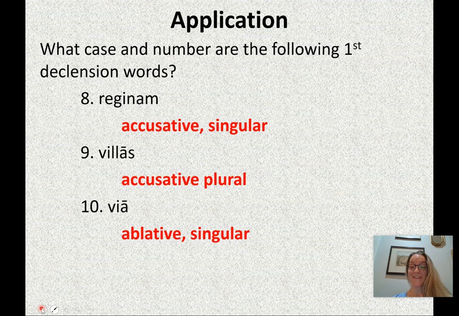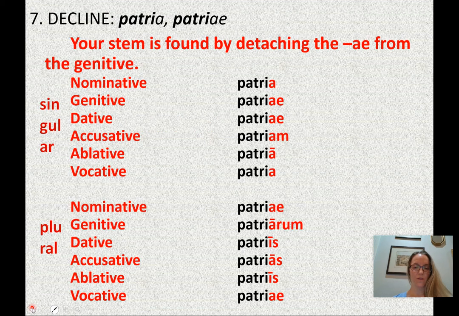Now, you might be saying to yourself, what about all of these endings that have multiple possibilities? Yes, poetis with an IS. This has two possibilities. If you go look back at your endings, where do you see IS? We see IS in the dative and we see IS in the ablative.